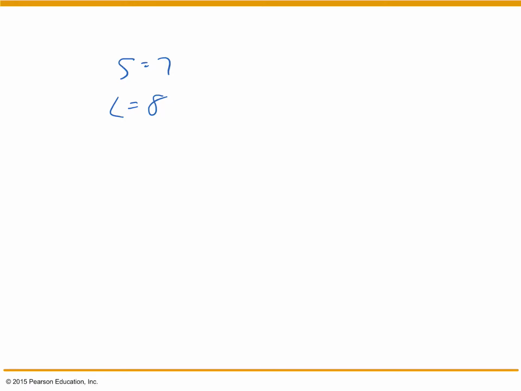Well, the maximum number of links would be s squared, so that's 7 squared, which is 49. And the connectance then would be 8 divided by 49, which would be 0.16, okay?